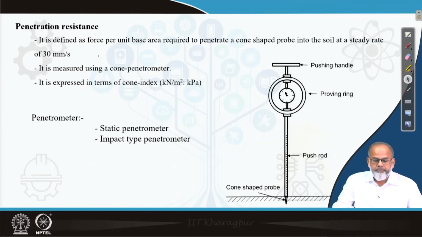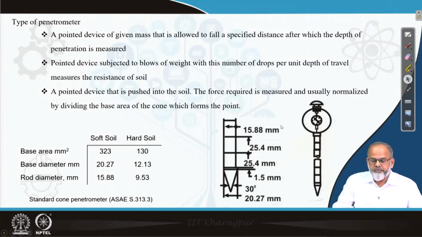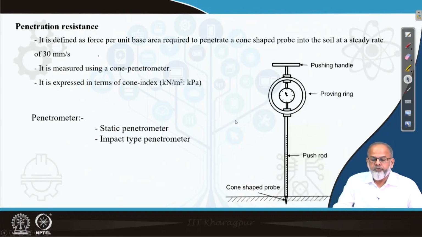So, if it is an impact type penetrometer, then a pointed device with a certain mass has to be dropped from a certain height, and then you measure the corresponding depth of penetration. So, there are two types of impact type cone penetrometer.